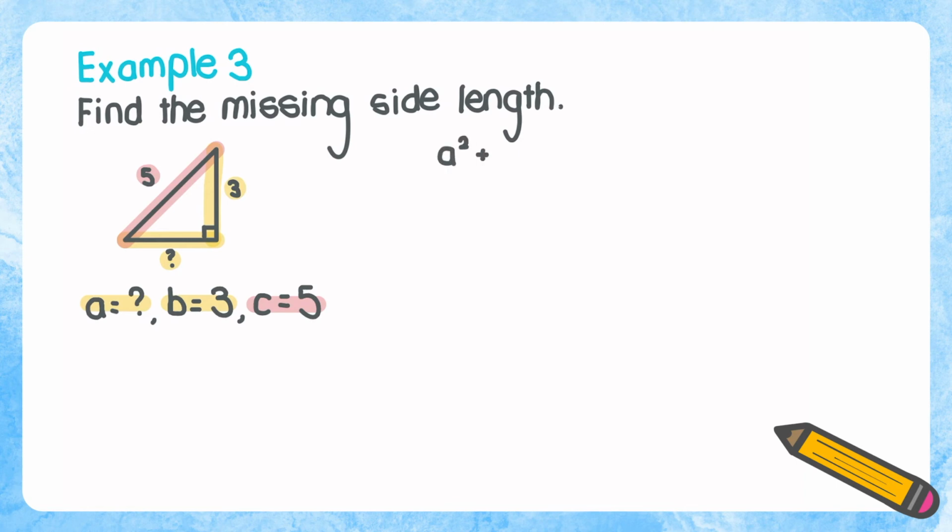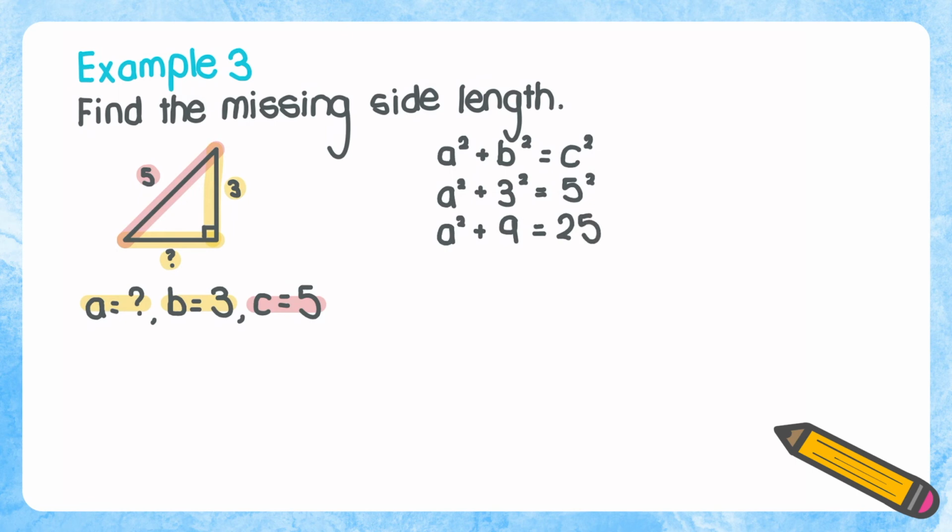So a squared plus b squared equals c squared. We're not sure what a is, that's what we're solving for, but we know that b is 3, so 3 squared, and c is 5, so 5 squared. Let's start simplifying. We have a squared plus 9 equals 25.